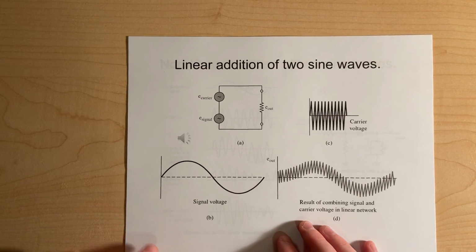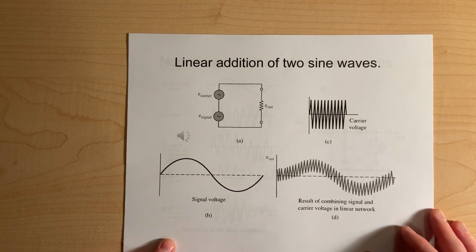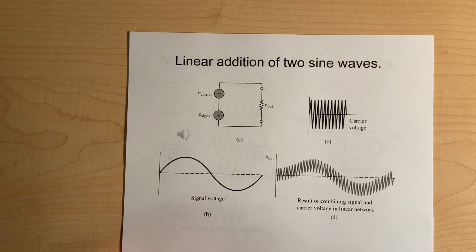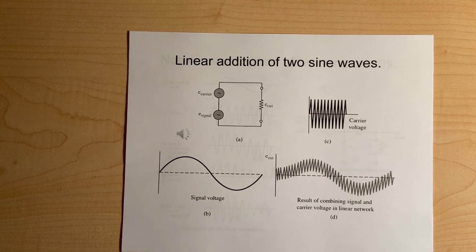Okay, so in this lesson, I'm gonna go over some of the concepts covered as far as amplitude modulation is concerned. So remember, when we talk about amplitude modulation, there's a couple things we need to discuss first.